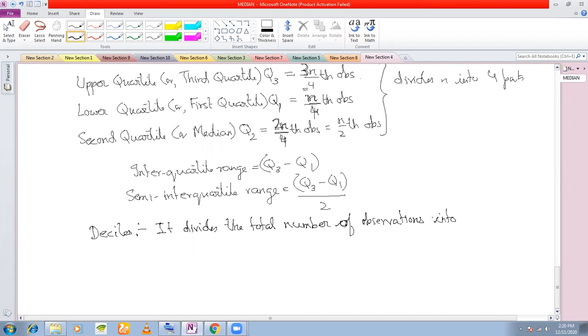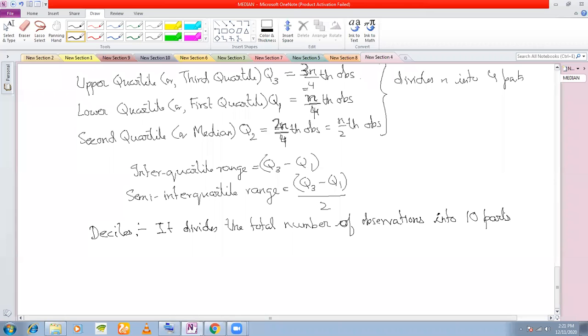Yes, Devanjan, deca means what? Decagon. How many sides in a decagon? Do you know? 10 sides, sir. 10. So it divides into 10 parts.